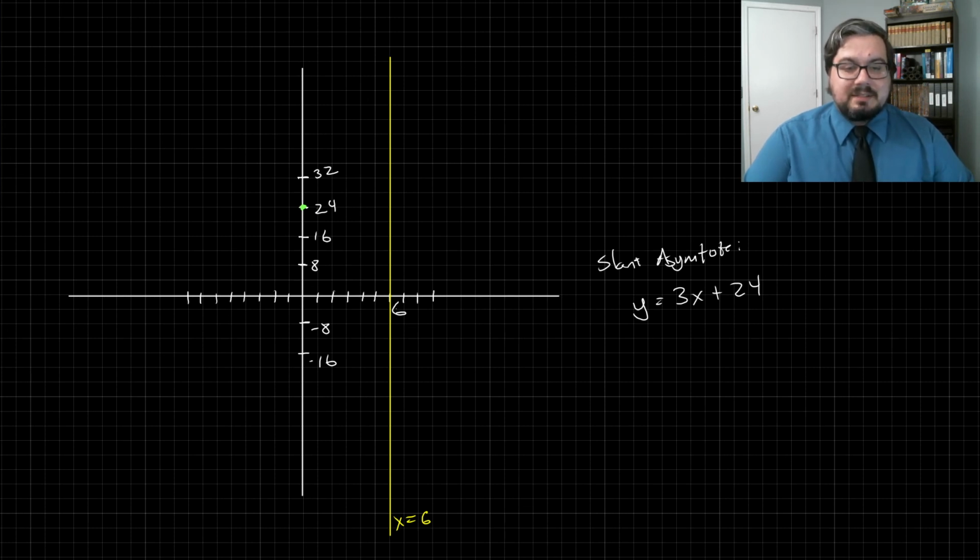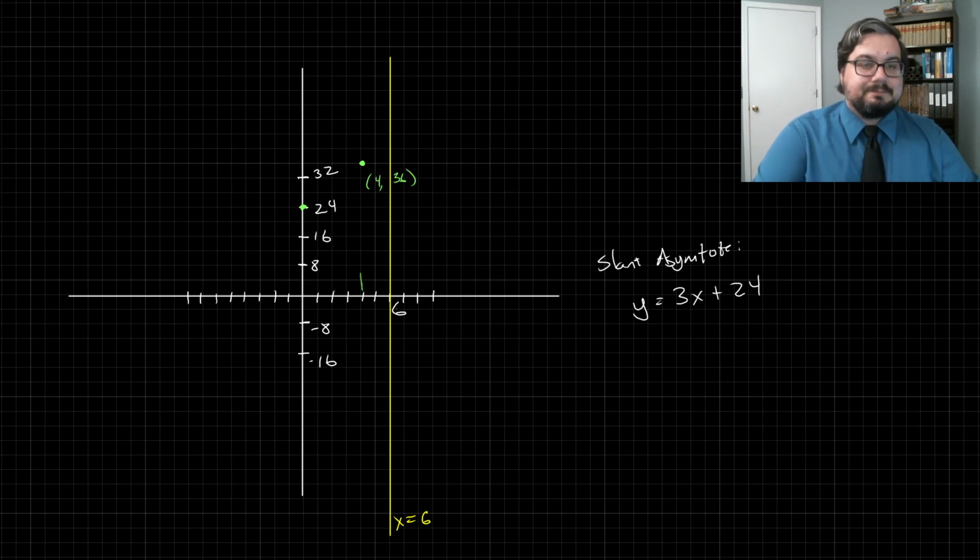Because I'm scaling things a little bit weird here, I know that if I go over 4 on my horizontal axis, then I'll go up 12 on the vertical one, because the slope is 3, and so the vertical change is always 3 times the horizontal change. So if I go over 4, I'll go up 12. So at this point, (4, 36) is on my slant asymptote. Now I'm going to try and sketch that out nicely.